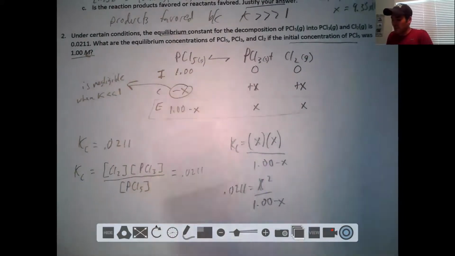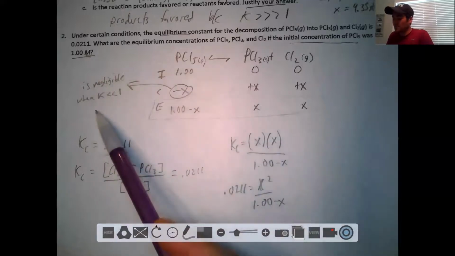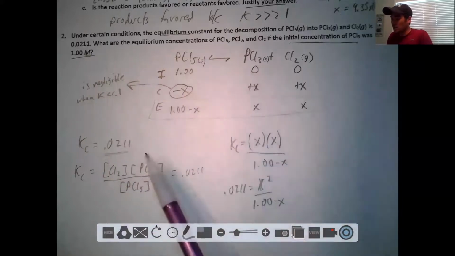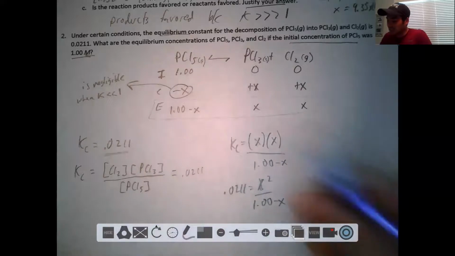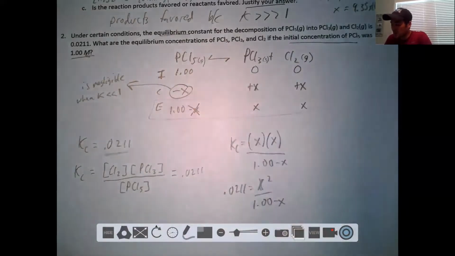That means that when your K value is a lot less than 1, when this K value is really, really small, what does that mean? A really, really small K value means reactants favored. What that means is your reactants are not going to be changing by a lot. So in reality, this X becomes negligible, meaning we don't need it.